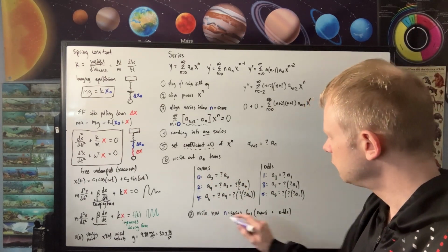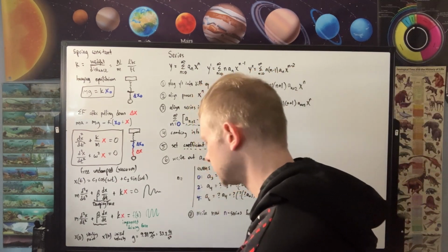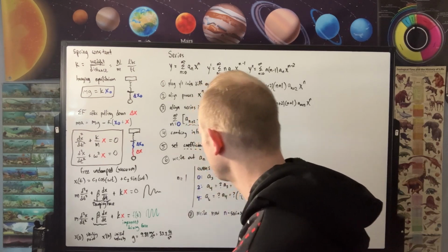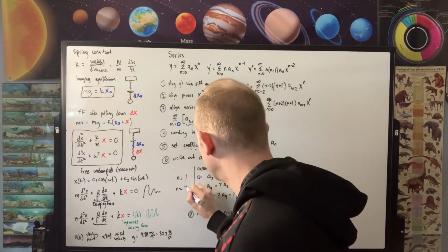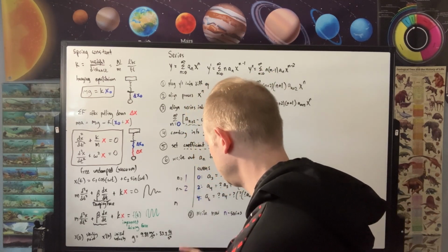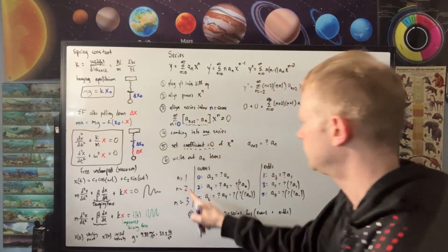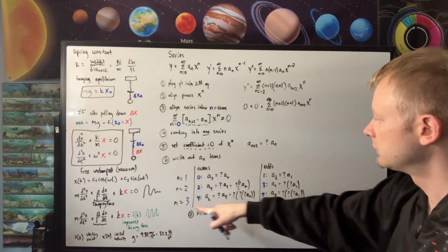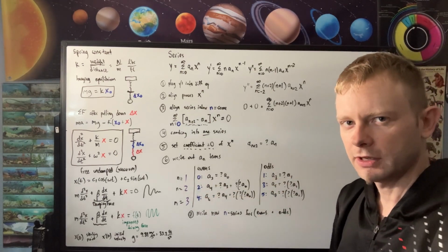But now we're going to create a new n series, so we start at n equals 1 right here. And then we have n equals 2 and n equals 3 right here. So we can see how they match up, 1, 2, and 3, instead of being 0, 2, 4, and 1, 3, 5. So we can write a new n series.